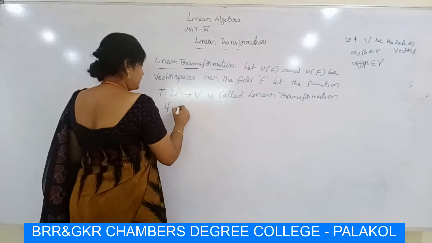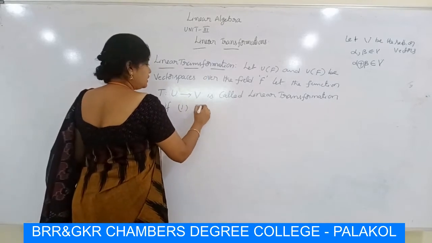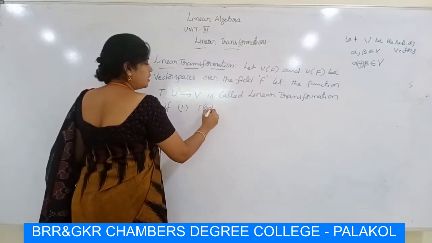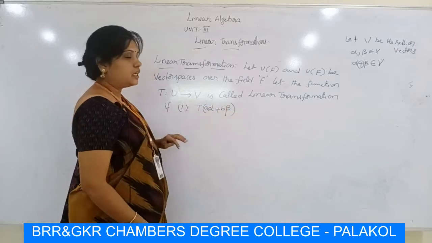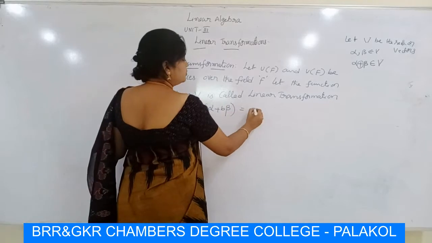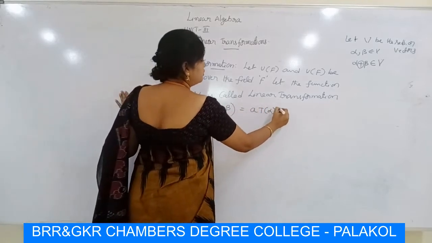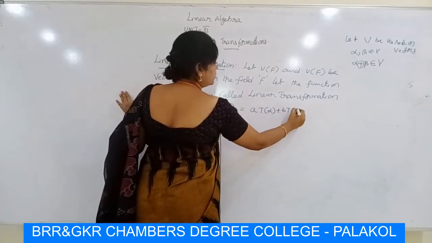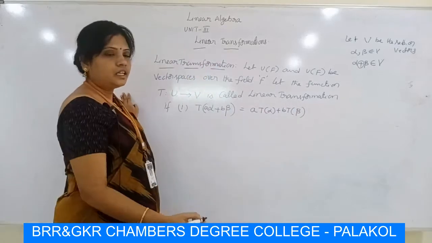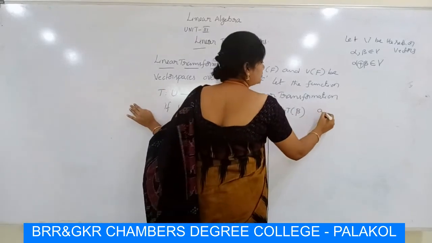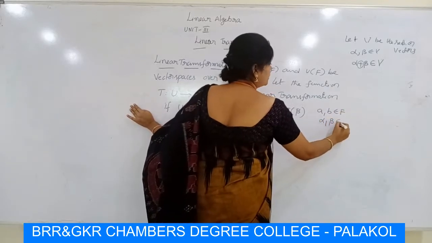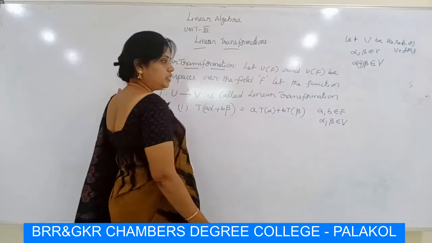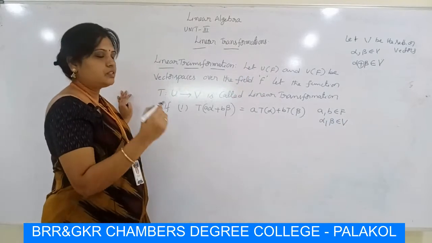That condition is T of A alpha plus B beta equal to A into T of alpha plus B into T of beta. Here A comma B belong to F and alpha comma beta belong to the vector space V. Here F is the field of scalars.